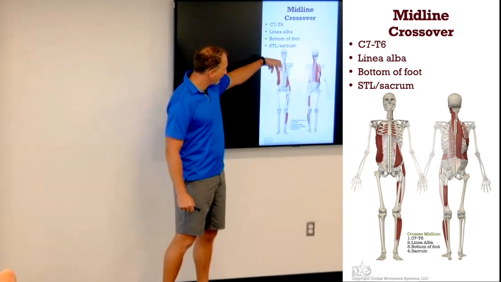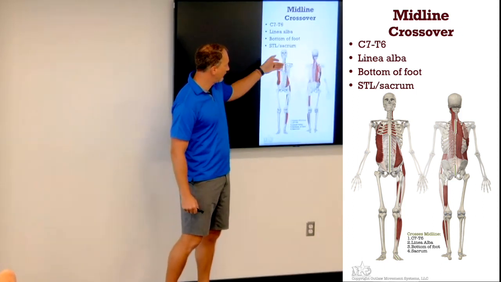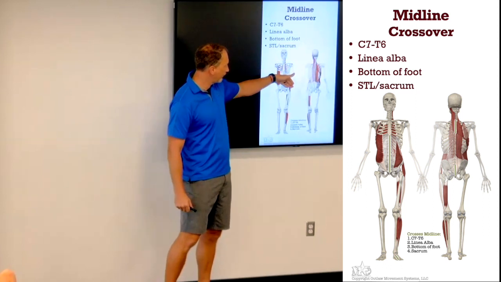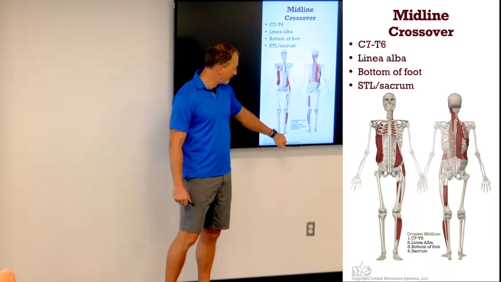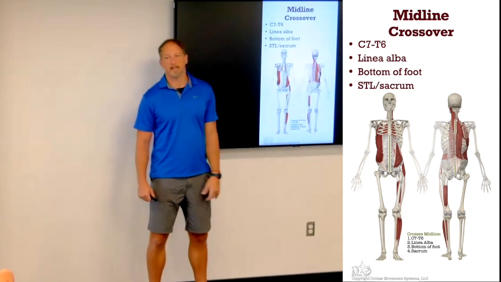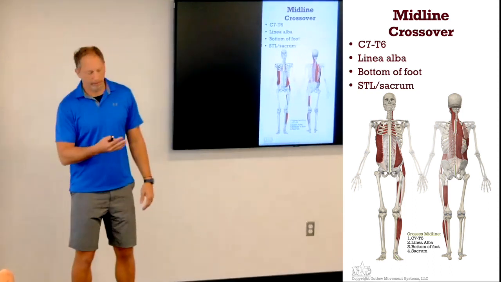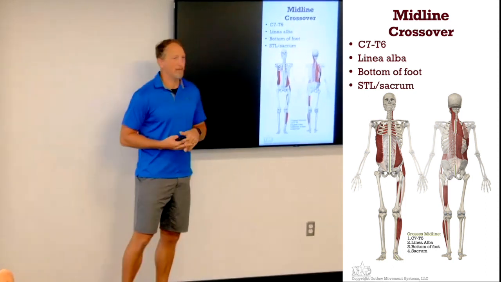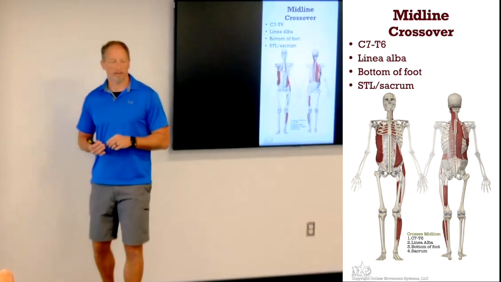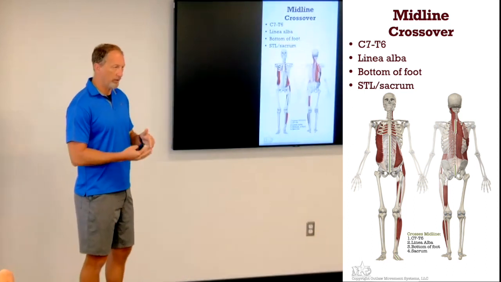Come around. The second point we cross midline is the linea alba, to go from external obliques to the opposite external obliques. Then we stay all on one side until we get down to the foot. Where the peroneals and the anterior tibialis interact on the bottom of the foot, the base of the first metatarsal and the cuneiform, we cross midline.